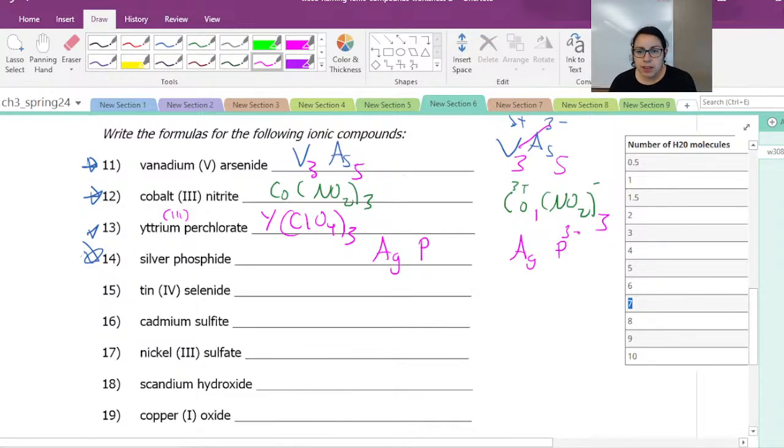So 3 minus, and we said silver is usually 1 plus, so what do we need to balance? We have a -3 for phosphorus, +1 for silver, so we could do the swap trick, right? That might help. And so now we can see we have to have 3 silvers.